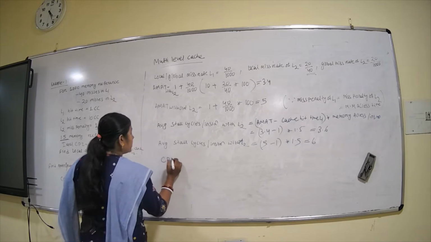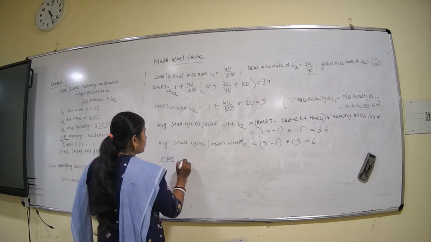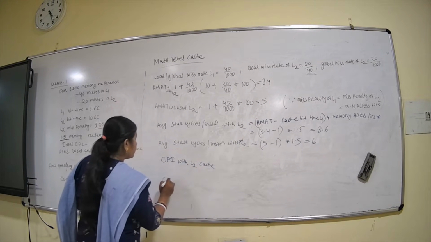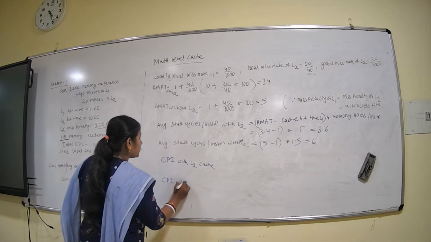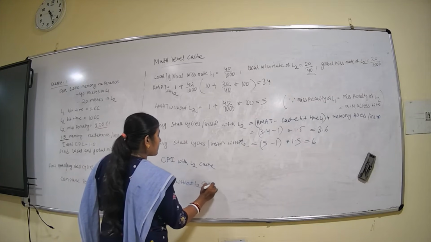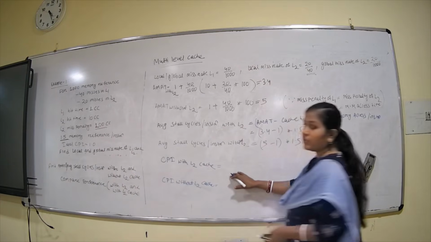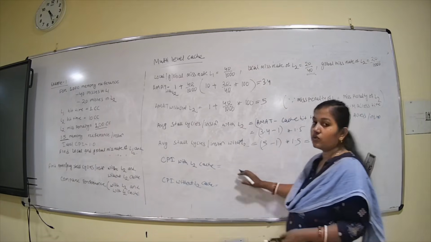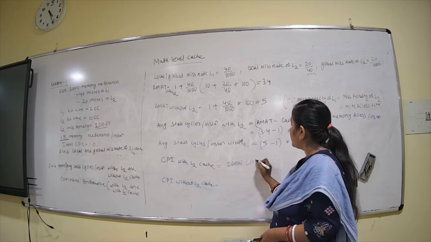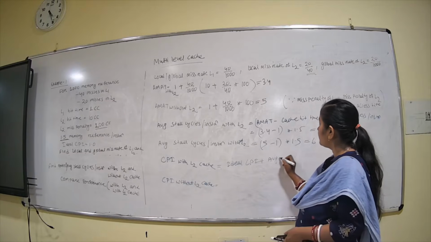Okay. Now let's see the CPI calculation. CPI with L2 cache, and CPI without L2 cache. So the CPI formula is ideal CPI plus the average stall cycles for instruction.